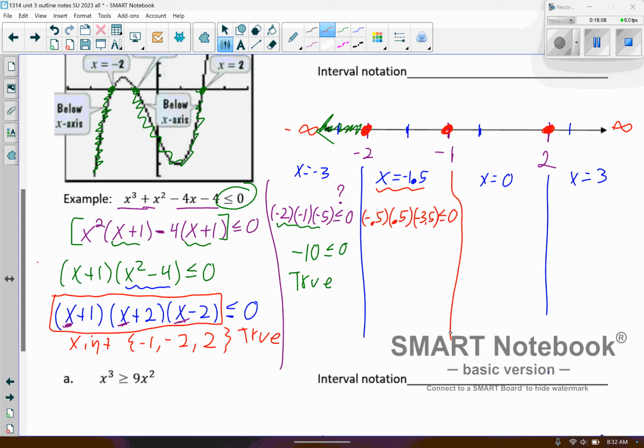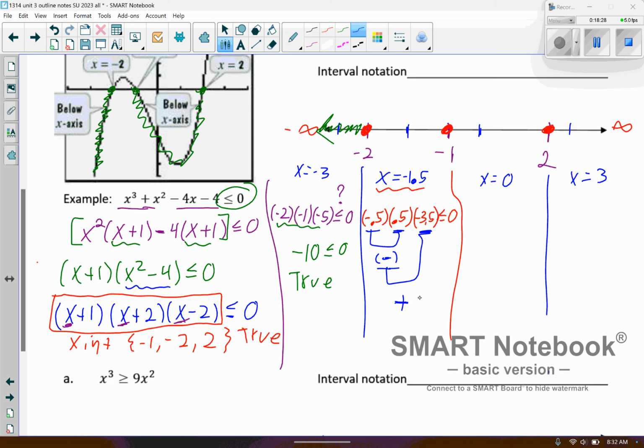Well, you can multiply it together with the calculator, and that's fine. But what stands out to me is that if I multiply a negative times a positive, that's going to give me a negative, right? And then a negative times a negative is positive.